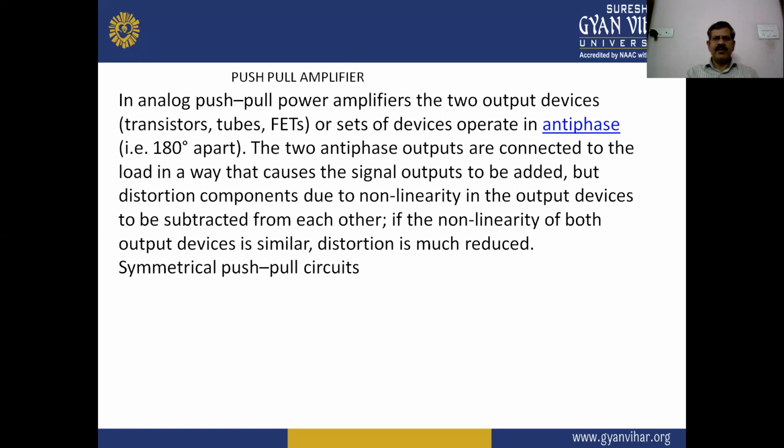The two anti-phase outputs are connected to the load in a way that causes the signal outputs to be added. While distortion components due to non-linearity in the output devices will be subtracted from each other if the non-linearity of both output devices is similar. Distortion is much reduced in symmetrical push-pull circuits.